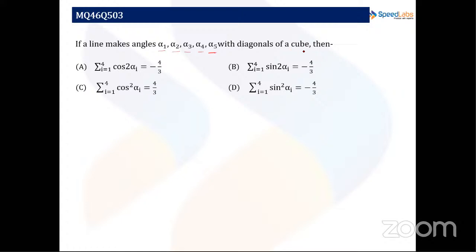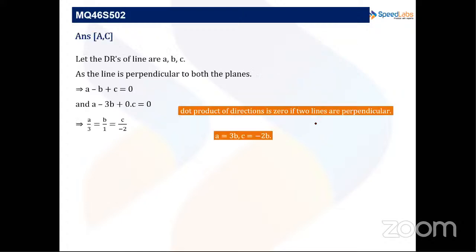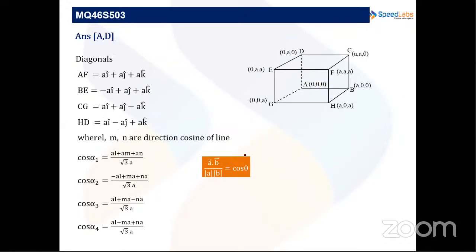Then, if we are having this cube and let's say the point A is at the origin whose coordinates are 0, 0, 0, and the cube has side a, then point B, which is along the x-axis, let's say this is our x-axis, this is our y-axis, and this is our z-axis.